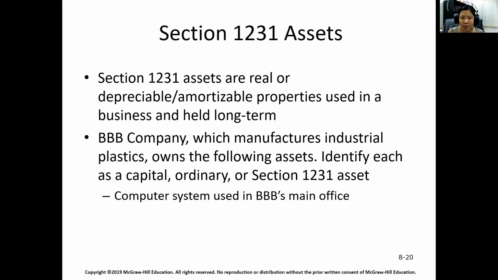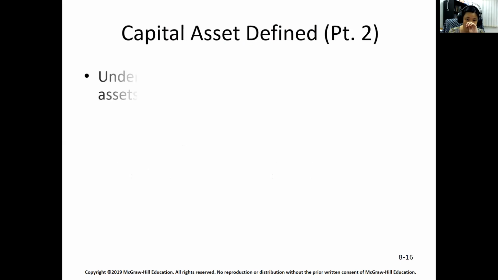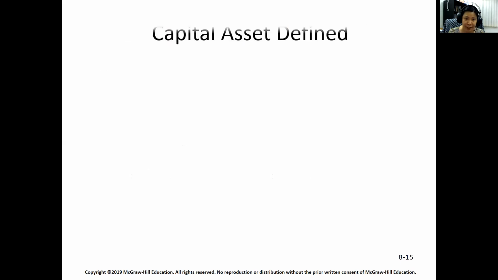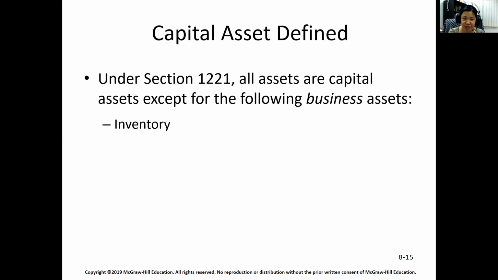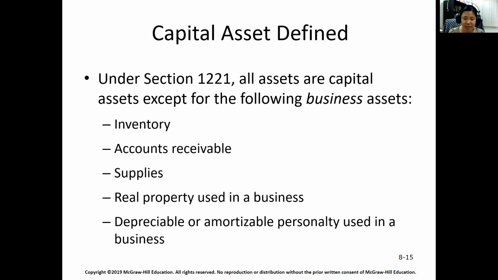First one, computer system used in BBB's main office. Is it a capital asset? Now remember that capital assets are not inventory, not accounts receivable, not supplies, not real property used in business, and not depreciable personalty used in a business.